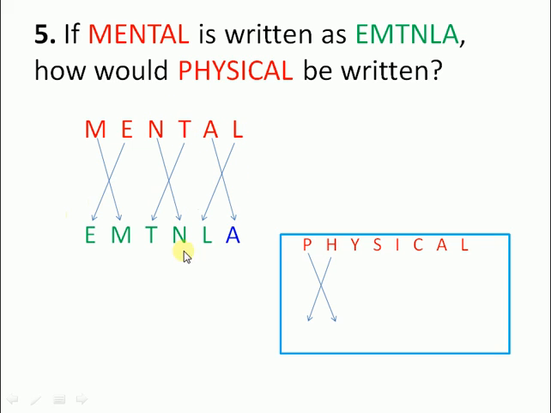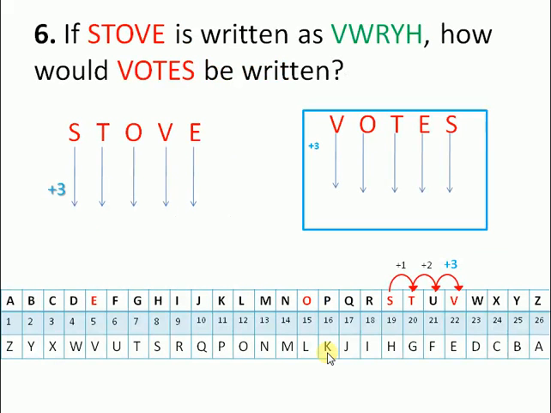That is how this code forms. When we apply the same technique to PHYSICAL, it becomes HP, YS will be SY, IC will be CI, and AL becomes LA. So you will get the answer HPSYCILA.